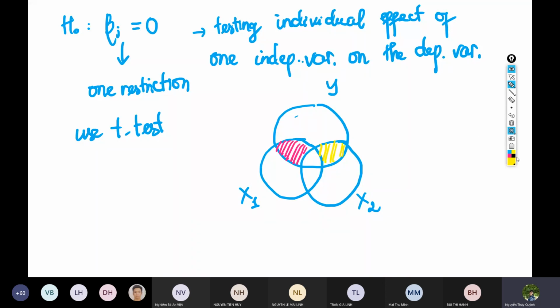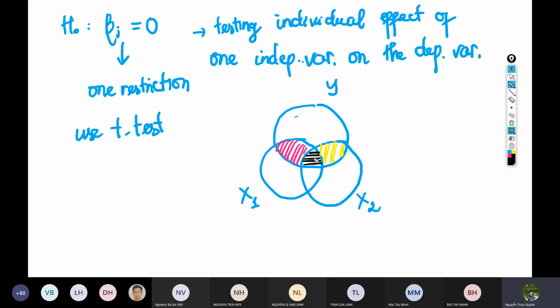And the black area here is the information that x1 and x2 both explain for y. So the combination of the pink, yellow, and black areas is the joint effect of x1 and x2 on y.